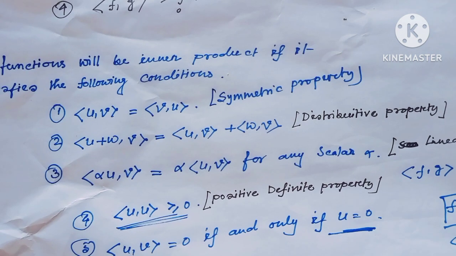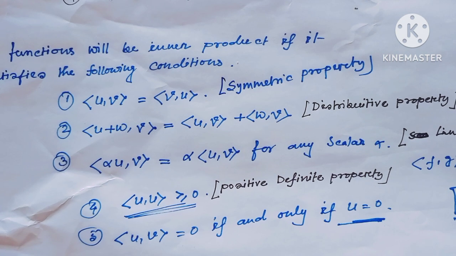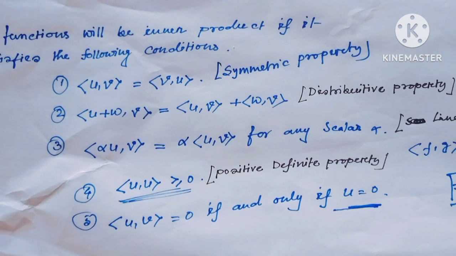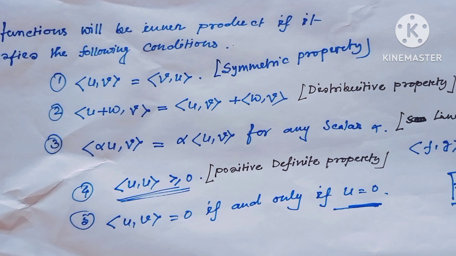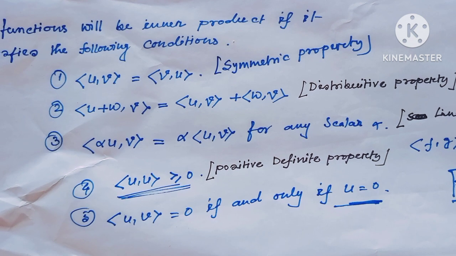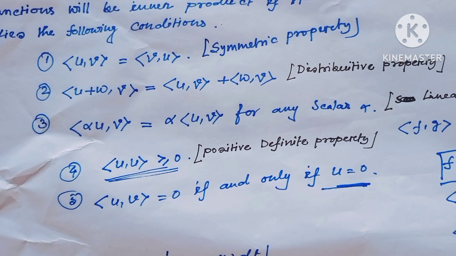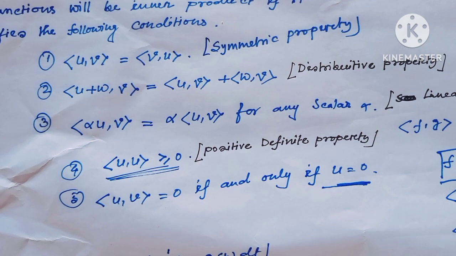It satisfies the linear property: inner product alpha u comma v equal to alpha times inner product u v. It satisfies the positive definite property: inner product u with itself is always greater than or equal to 0, and inner product u with itself equals 0 only if u equals 0.